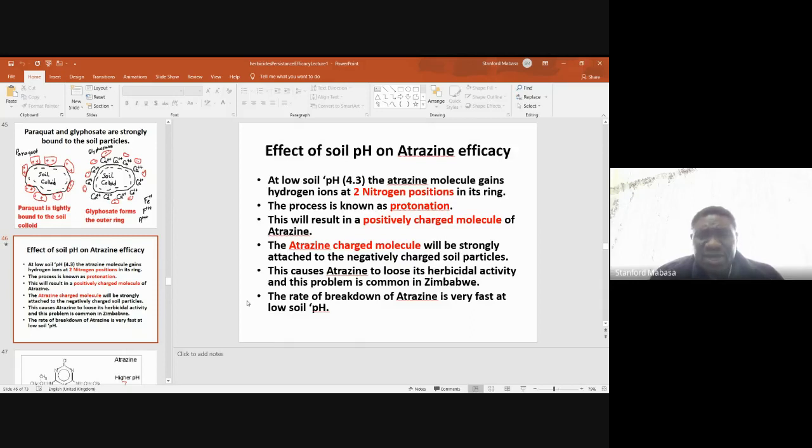This can cause atrazine to lose its herbicidal activity, and this is a common problem in this country, in Zimbabwe. The rate of breakdown of atrazine is also very fast at a low soil pH. So remember, if we have a low soil pH, herbicides like atrazine may fail to kill weeds.